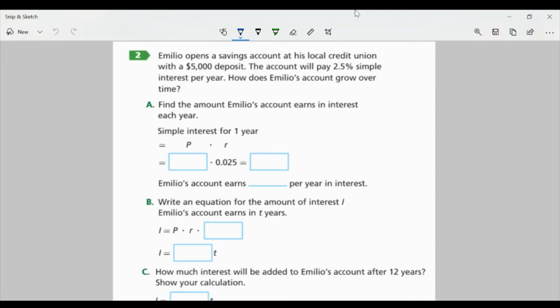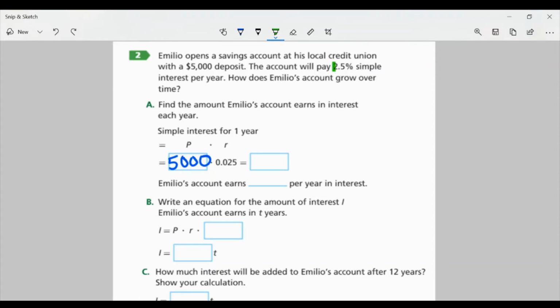So the simple interest for 1 year, so obviously this would be with T being 1, we have our principal times the rate. The principal is 5,000. And the rate, 2.5%, would actually convert to 0.025.